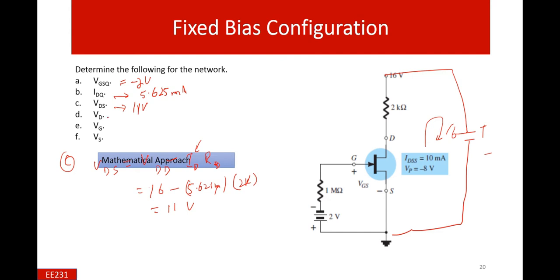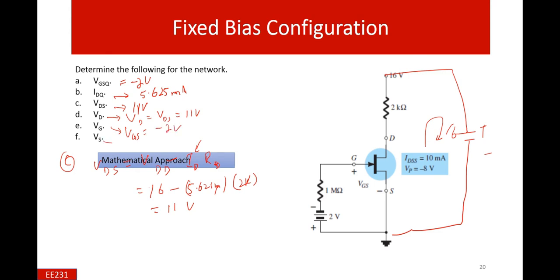So what is VD? VD is equal to VDS, because VS is 0, so it is again 11 volt. And what is VG? It is equal to VGS, because VS is 0, so again it is minus 2 volt.